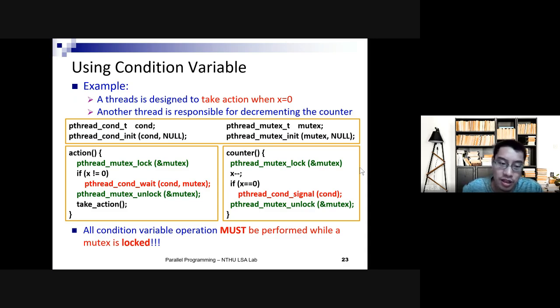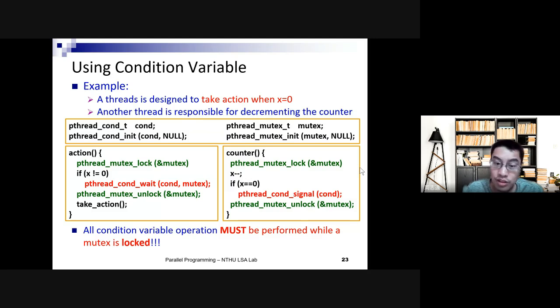It is because when we call conditional wait, before it puts the thread to sleep, it will release the lock for us. It needs to know which lock to release, right? That's why the mutex lock needs to be passed to the conditional wait function, so the function can release the lock for that thread.